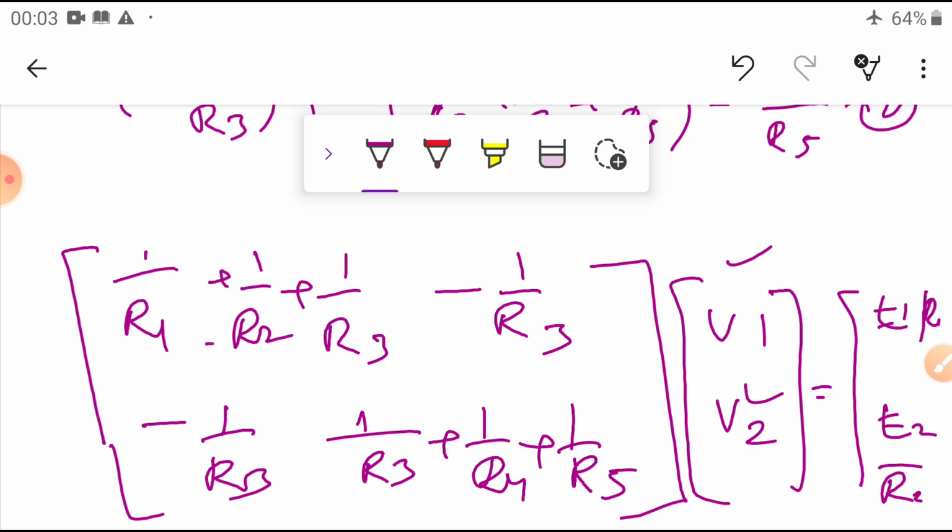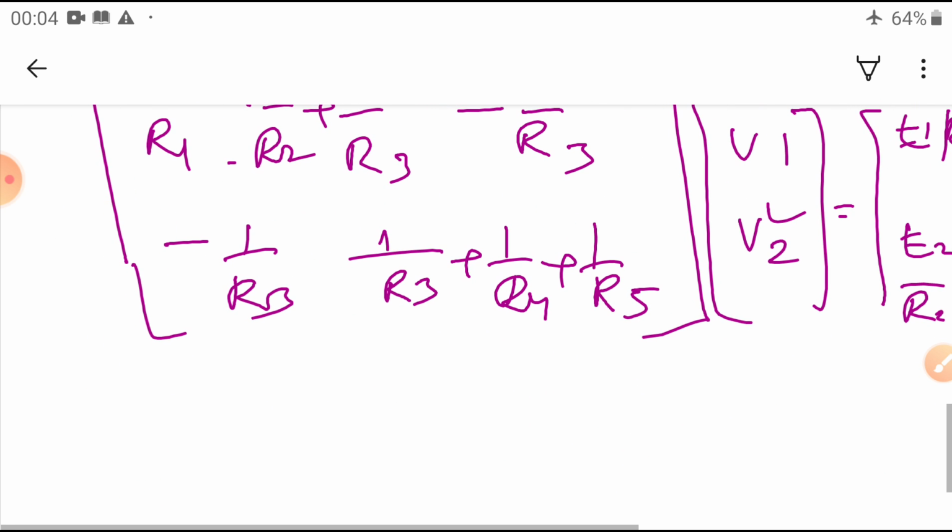That is conductance, so 1/R is equal to conductance. We write it this way for simple calculation purposes. We are going to write conductance instead of resistance.